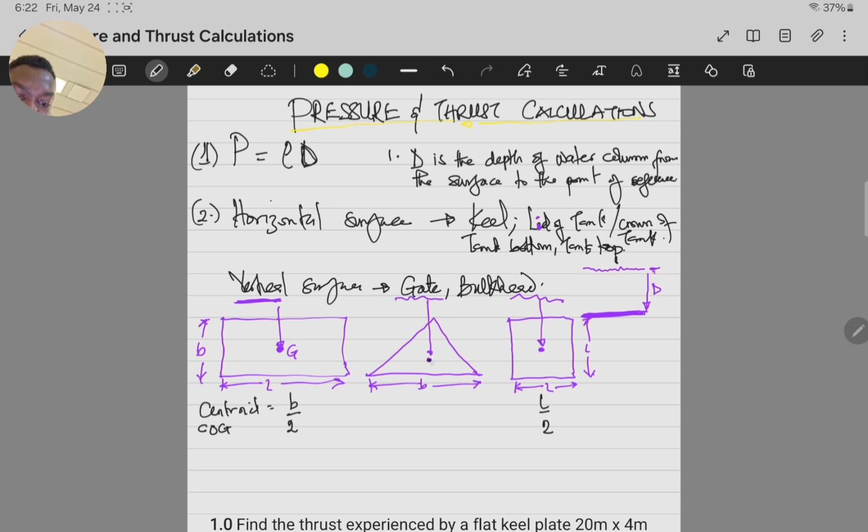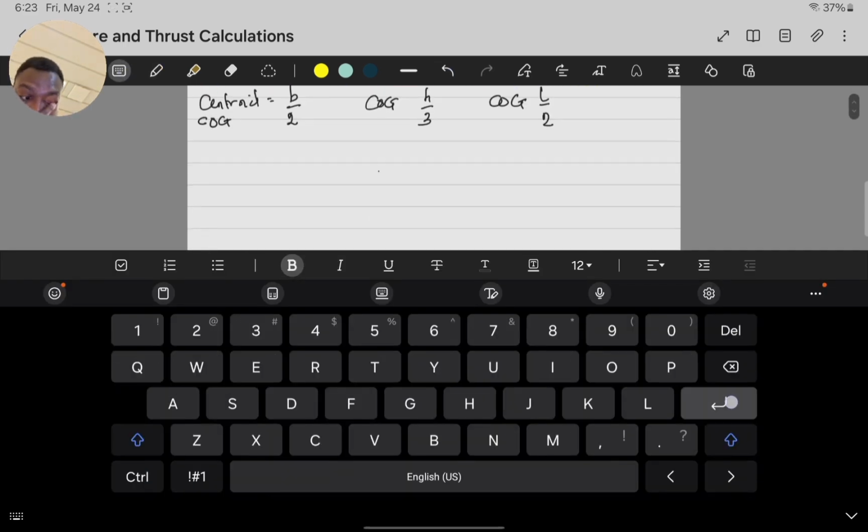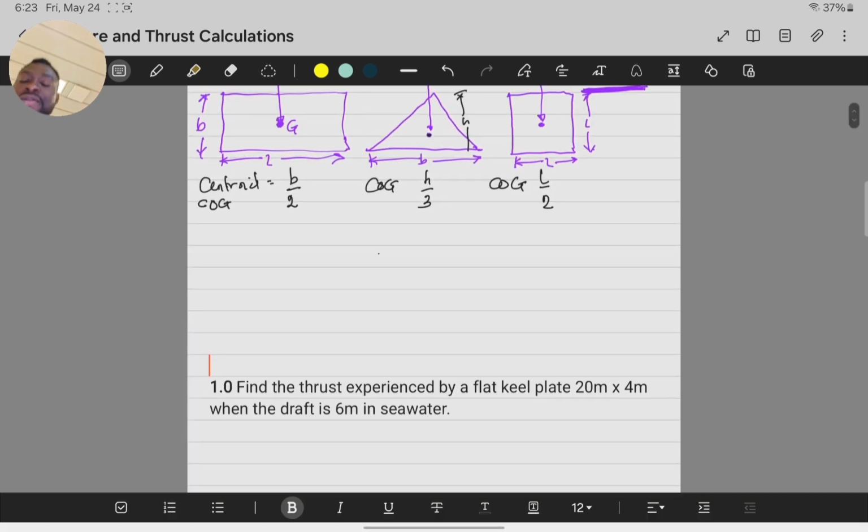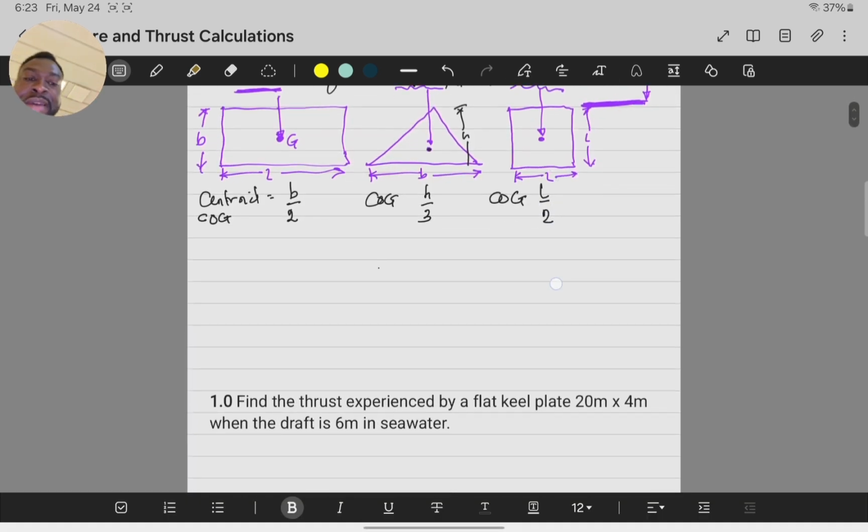Here it's actually the height over 3. That's the center of gravity. So it depends. For a vertical surface, D depends on the center of gravity of the ship, of the bulkhead, or of the gate. Depends on what we have, okay.